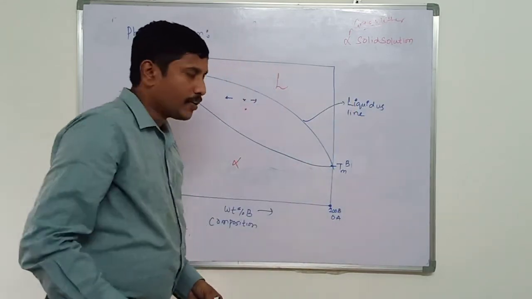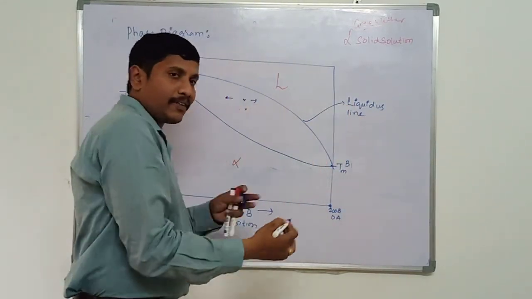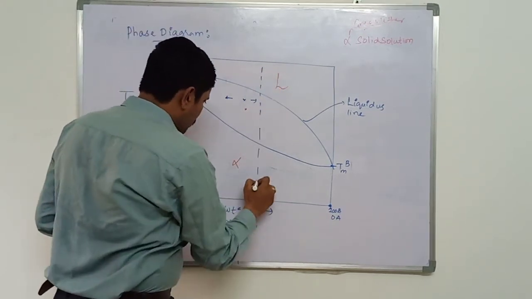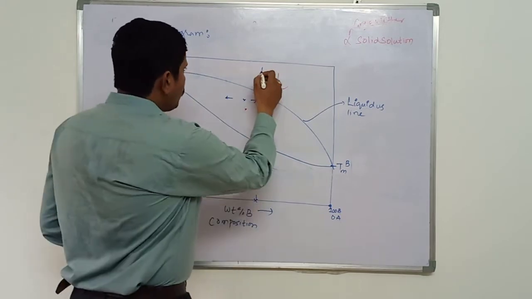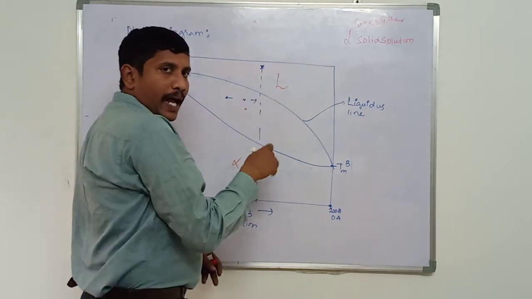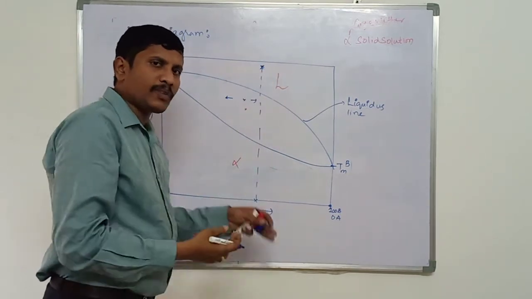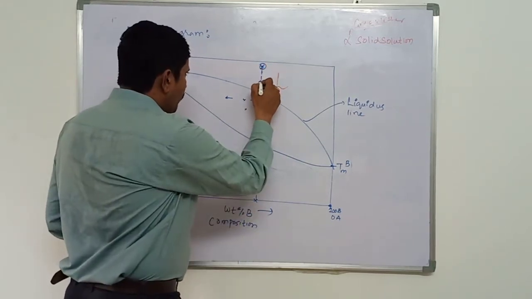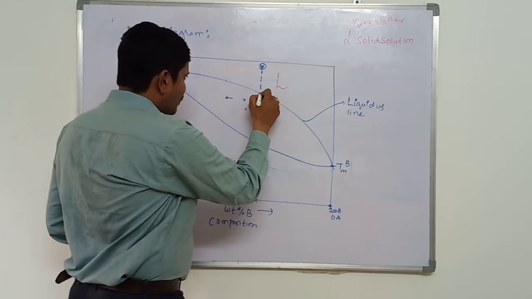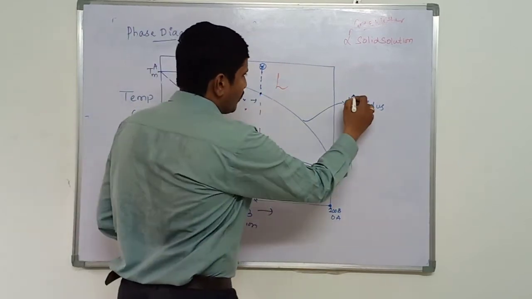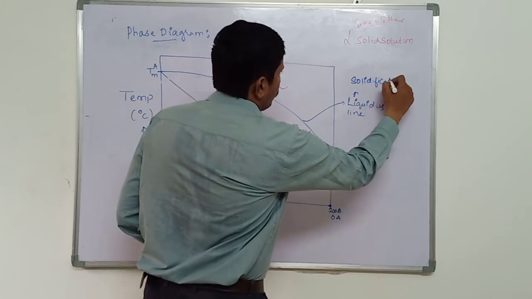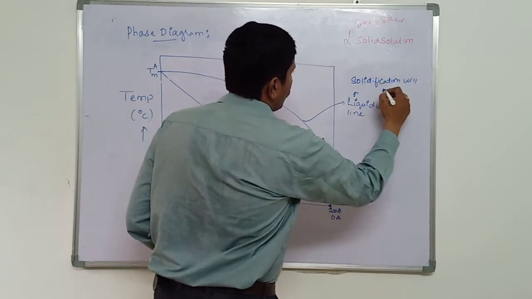line. Okay, what do you mean by liquidus line? If you take any alloy composition, when you are cooling from the molten state, from the liquid phase, at this point it is a liquid. When you are doing equilibrium cooling or slow cooling, when you reach this line, the liquidus line, solidification will start.